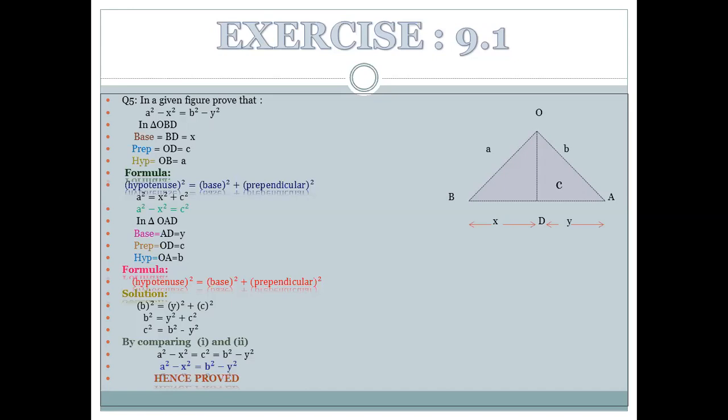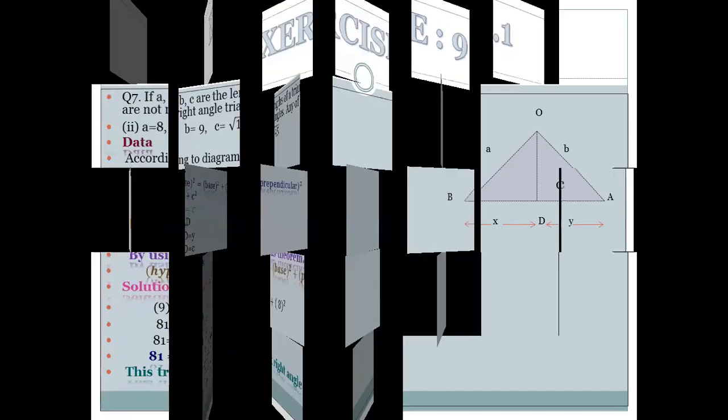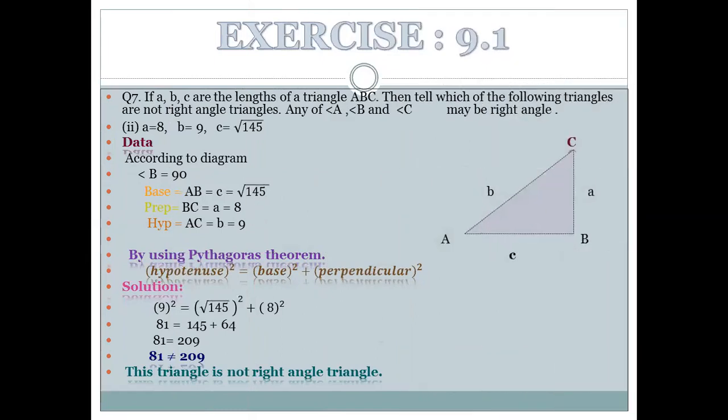We compare these two equations and you see that a square minus x square is equal to b square minus y square, which is our required answer. Is it clear to you? D is not mentioned in the diagram, but we must write D here because this triangle is already converted into two right angle triangles. So you write D here by yourself.